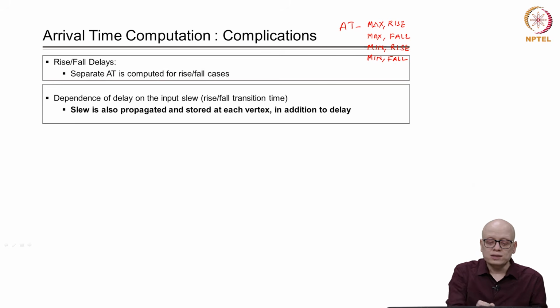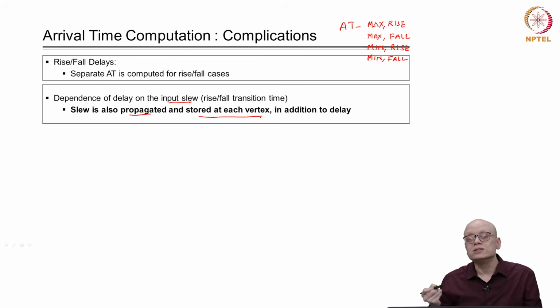So, because of the dependence of delay on the input slew, that is the rise fall transition time, the slew also needs to be propagated and stored at each vertex in addition to delay. So, these are added complications of computing arrival time in a timing graph.